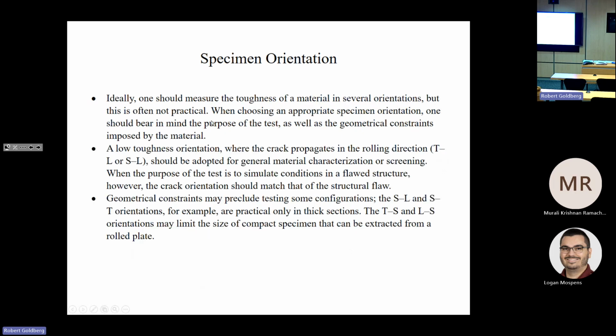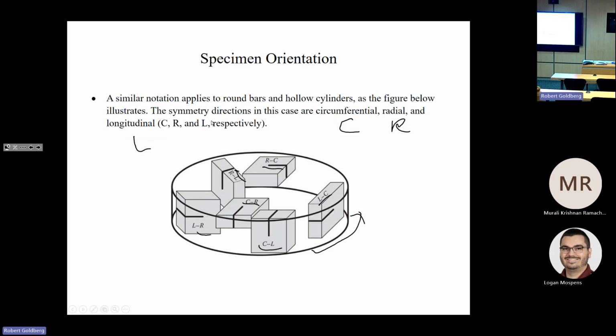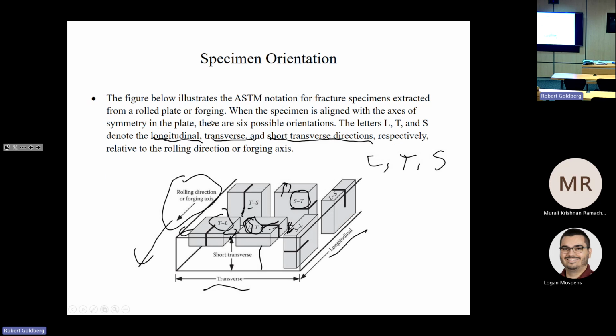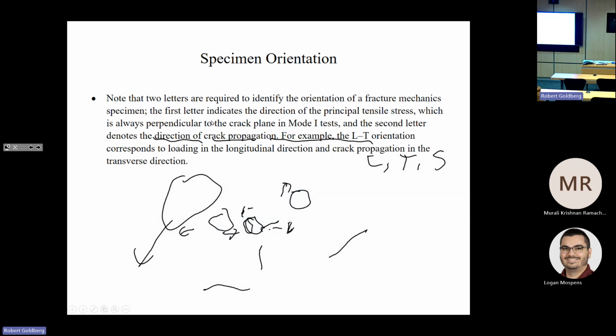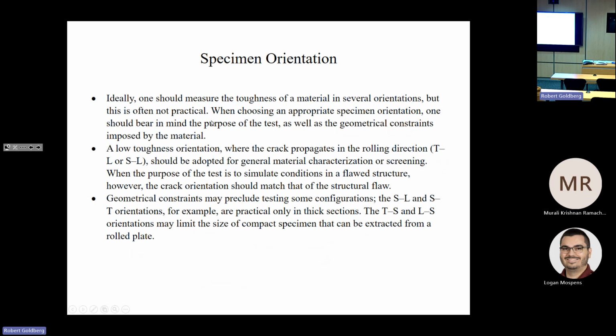So you have to keep in mind the purpose of the test somewhat, and think about what are the types of orientations and loading conditions that are of key interest in your material. And then, as I said, to an extent also the geometrical constraints of the material.